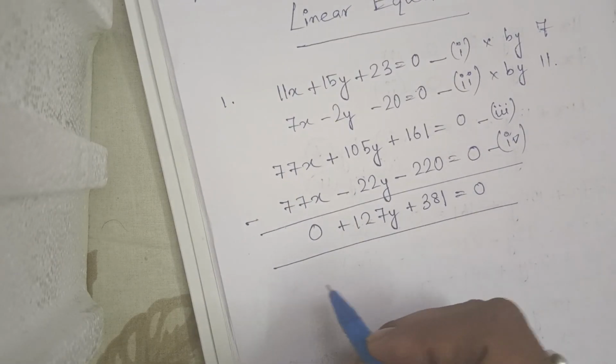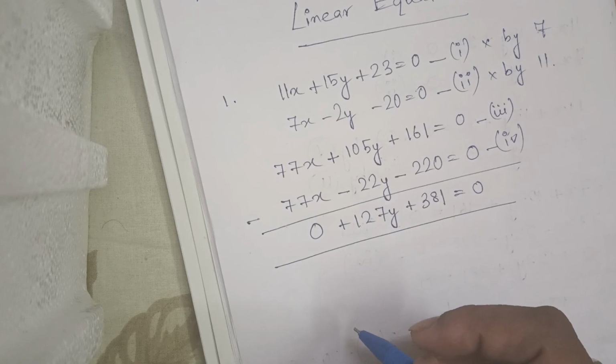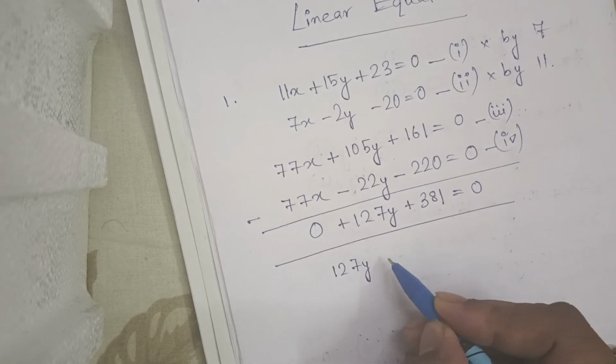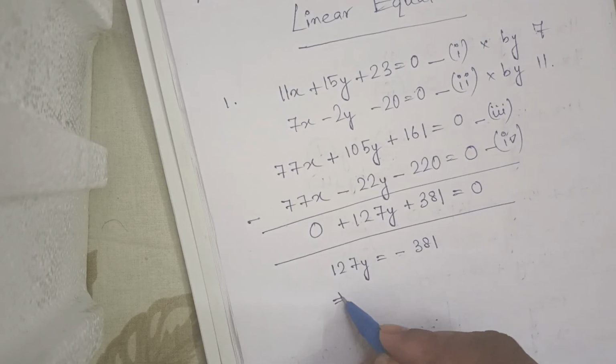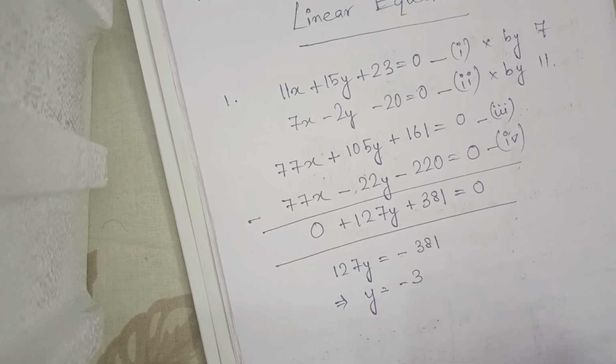Now from this equation, we can claim the value of y. 127y equals to minus of 381, which gives us the value of y as minus 3.